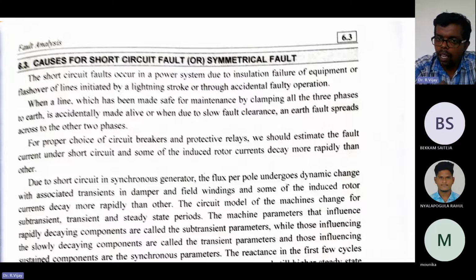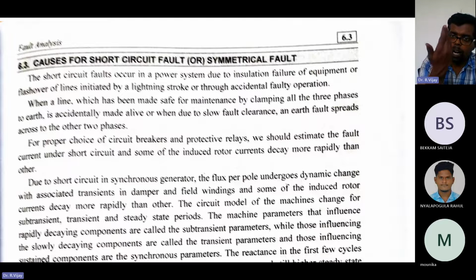So sometimes if you directly touch it with your hand, you may feel a heavy shock. That is, the 33 kilovolt line is coming inside your body. Sometimes half of your body will not work, like one hand, one leg will not work.